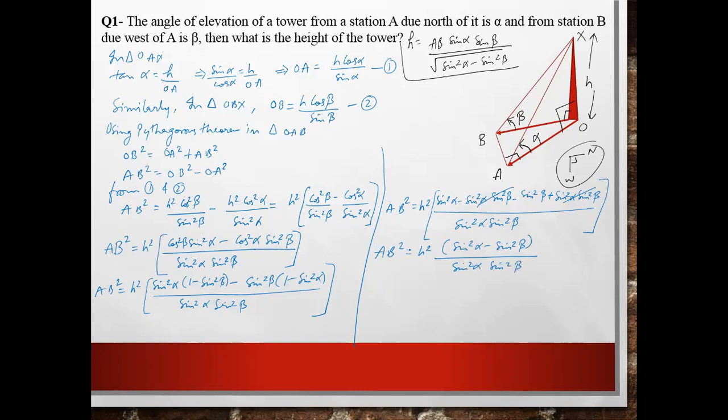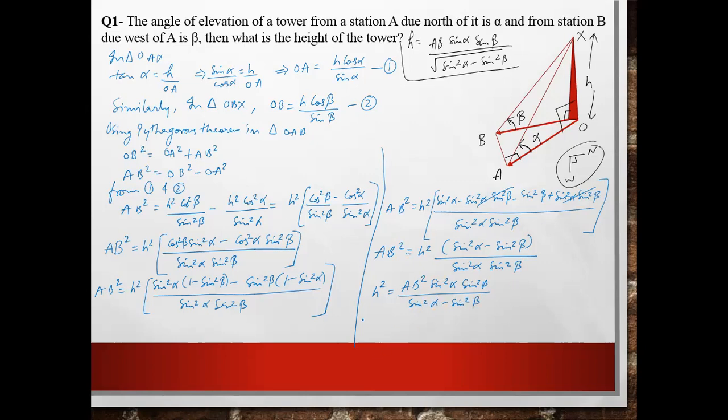All right. So if I have to calculate the value of h, I'll take h square as AB square sine square alpha sine square beta upon sine square alpha minus sine square beta.